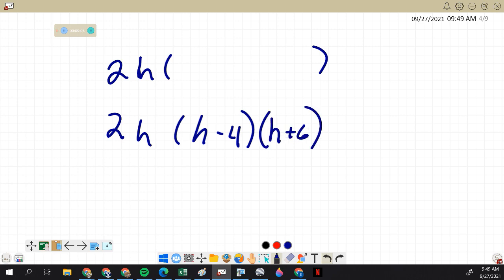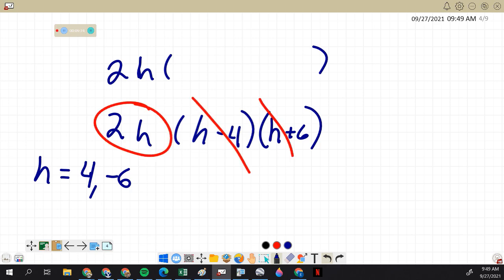Okay. What are the roots? Now again, these are not the correct answers, so don't write these down. What would the roots be here? 4, negative 6. That takes care of this one and this one. What about that? Which would be?